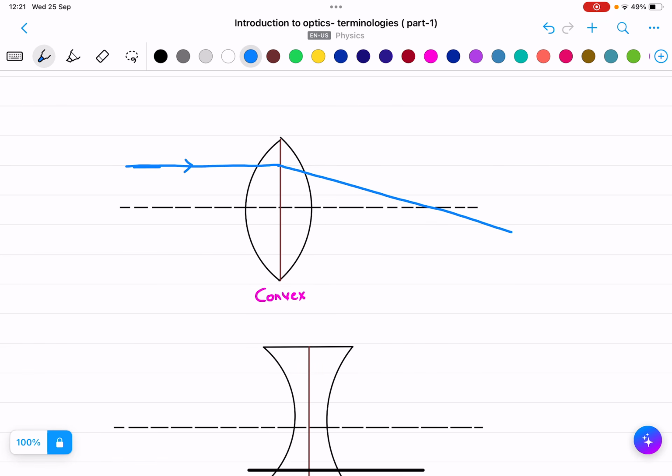This ray is also incident like this and it is bending. They are meeting at one point and this point is known as F, the focal point or the principal focus. Convex lens will be converging, so the rays are converging.